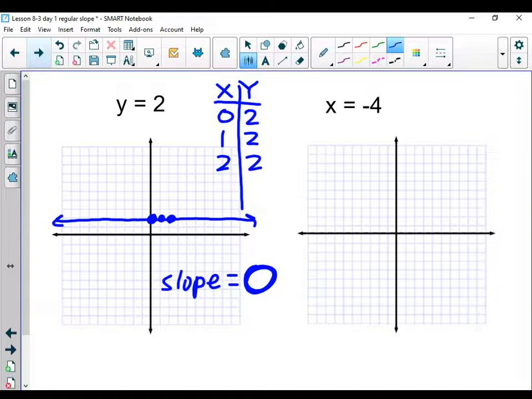What about this one? The X is always negative. 0, 1, 2. Did you go backwards for this?